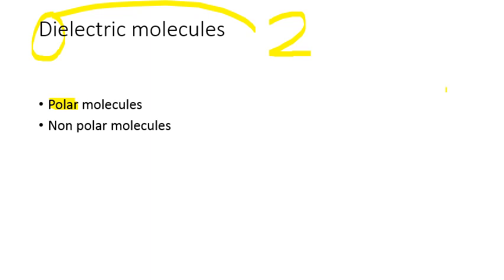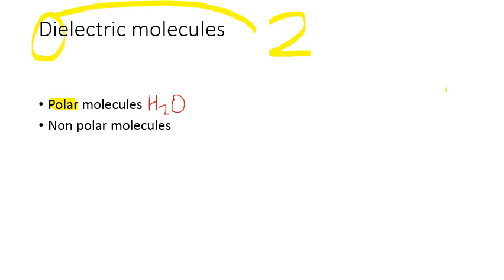So we have defined polar molecules like H2O as those materials which have a permanent dipole moment due to their specific behavior of electronegativity and positivity between H and O, and which give special behavior.